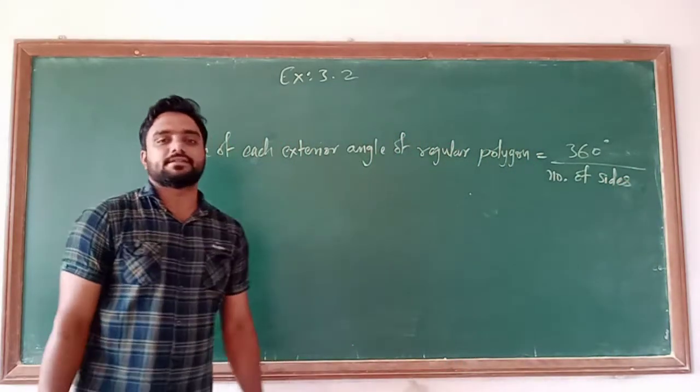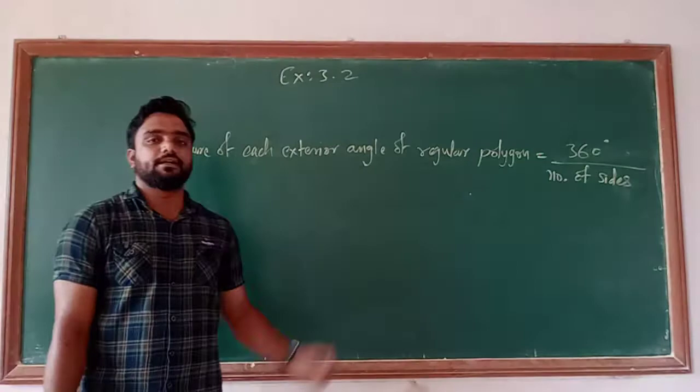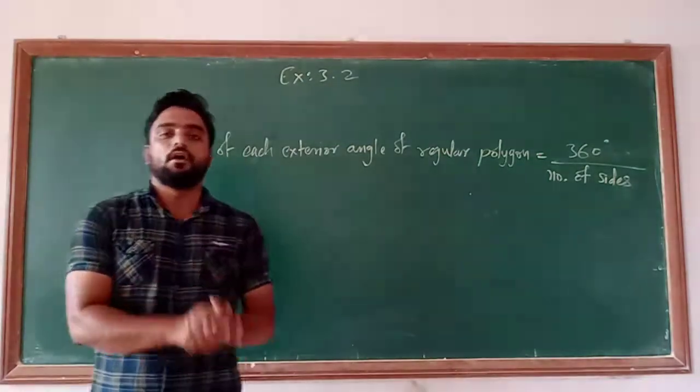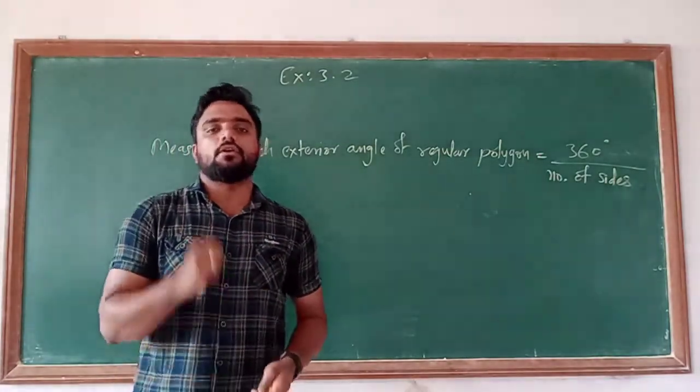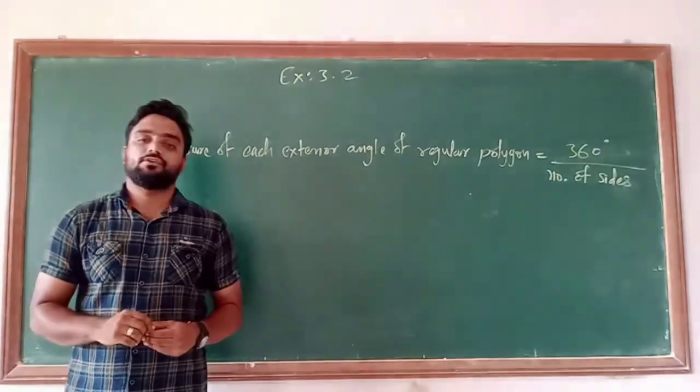So 360 divided by the number of sides will give you the measure of each exterior angle of a regular polygon.